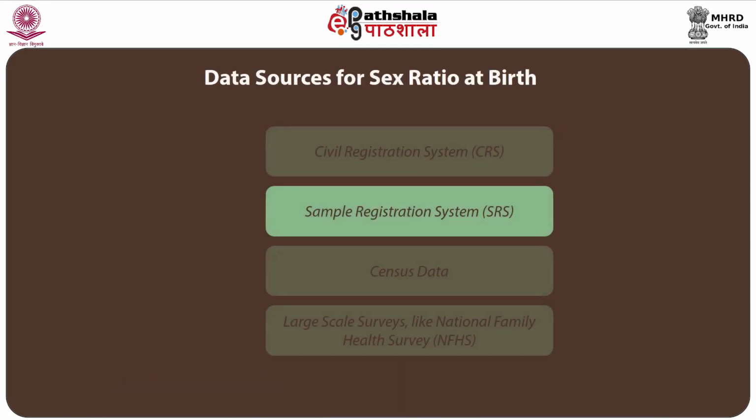The second option available in India was known as the Sample Registration System. The Sample Registration System came into being primarily because the civil registration system in India was unable to provide a good system of registration.